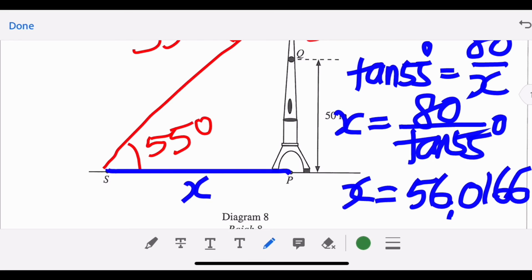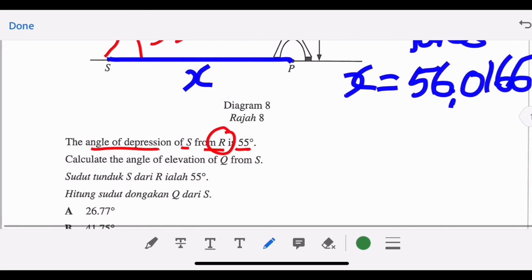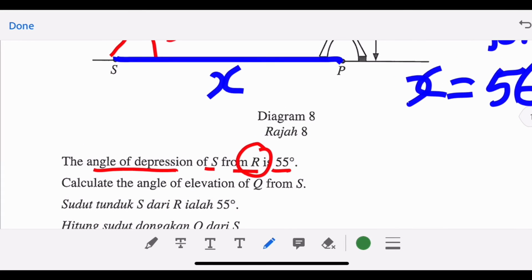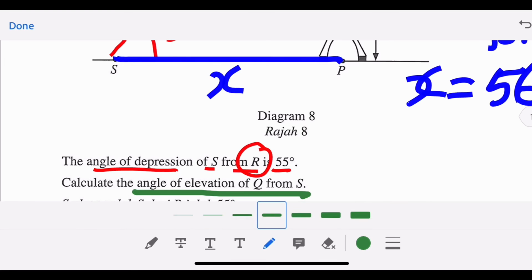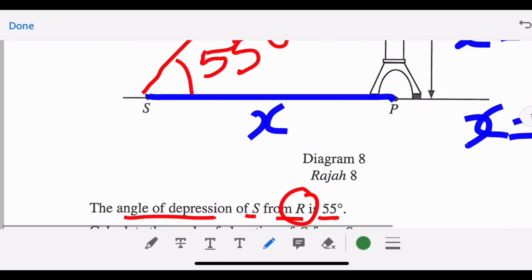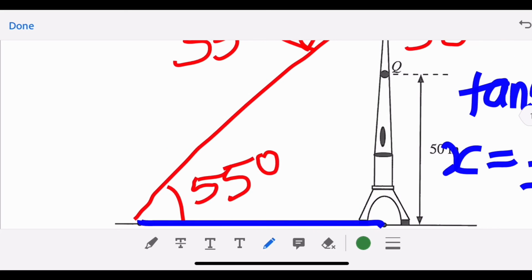It's not always that we have to use sine, cos or tangent. We can use any of the trigo in order to find the angle. If you can't find the angle using tangent, you should try out using sine or cosine. I'm sure you can get the answer.